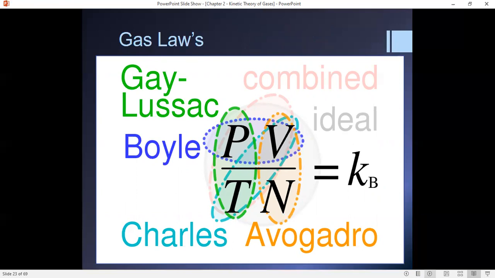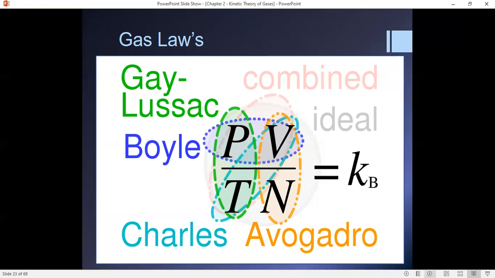The Gay-Lussac law: pressure divided by temperature is a constant, again, if the volume is held constant and the number of molecules is held constant. In fact, there are other laws too. Charles's law: volume divided by temperature is constant if the number of molecules and pressure are held constant.